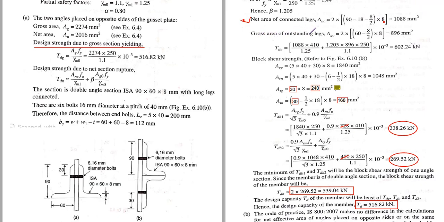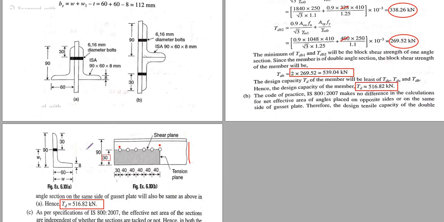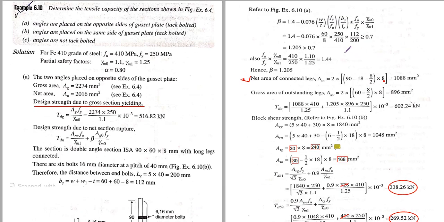Then the gross area of the outstanding leg. What will be the area for this outstanding leg? It should be 60 minus t by 2 into 8. So 60 minus t by 2, where t is 8, so 8 by 2 into 8, so 896. Then 2 into this. So now ANC is found, and AGO is also found.